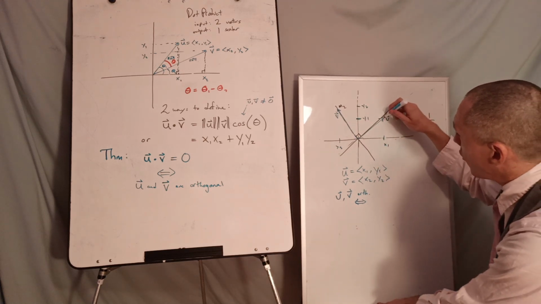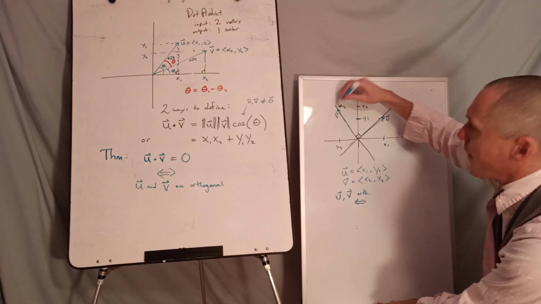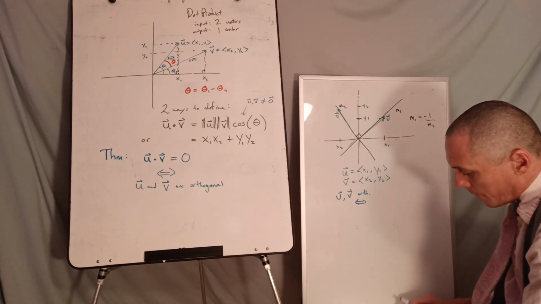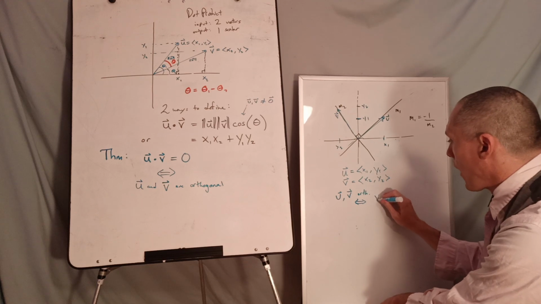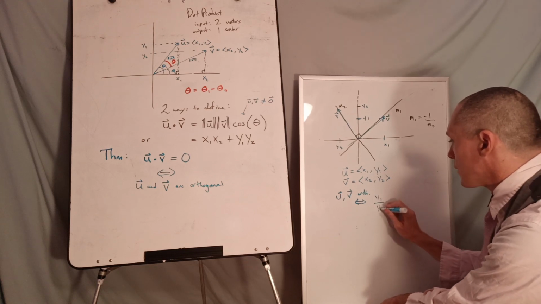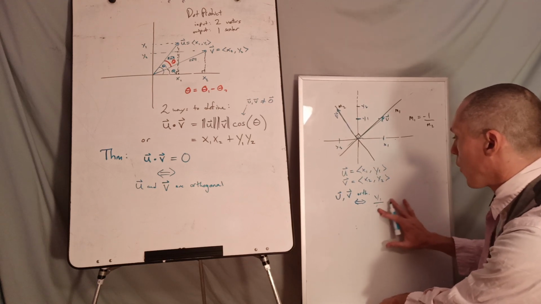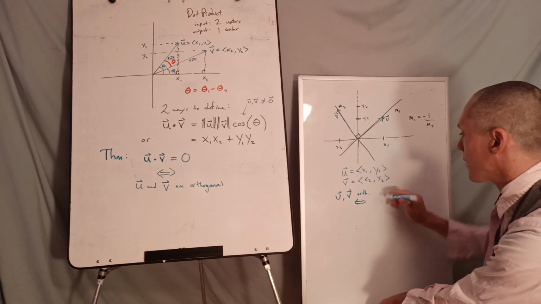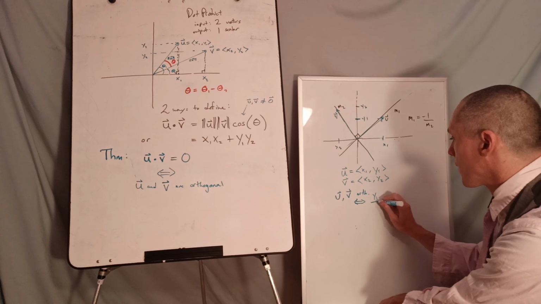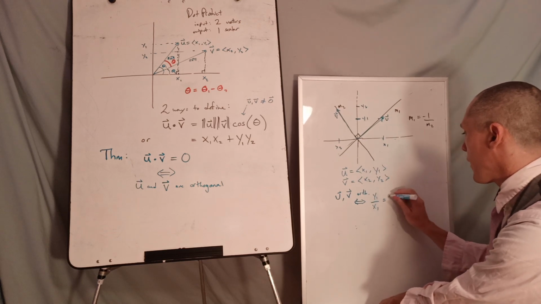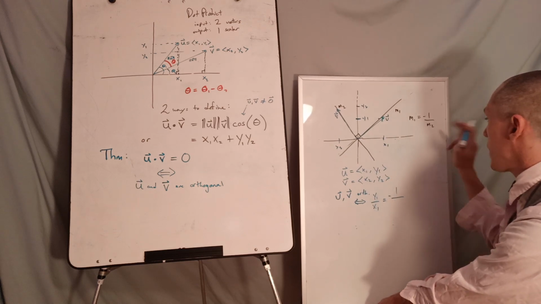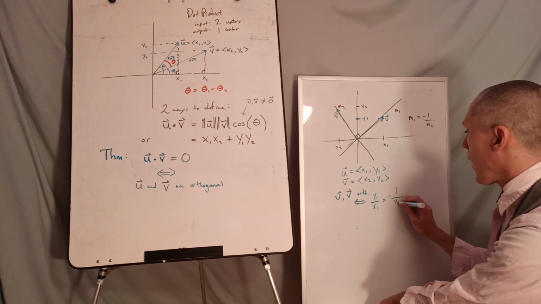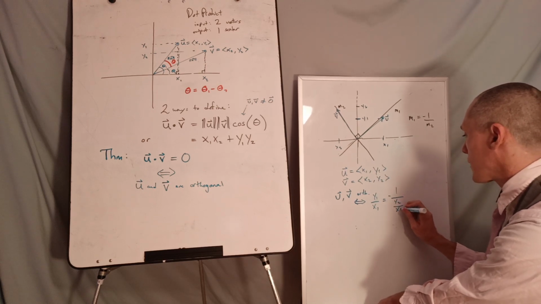But what would the slope of the line passing through these vectors be? Well, one would be y1 over x1, right? Rise over run. And then we would have the negative reciprocal of the other slope, which would be y2 over x2.